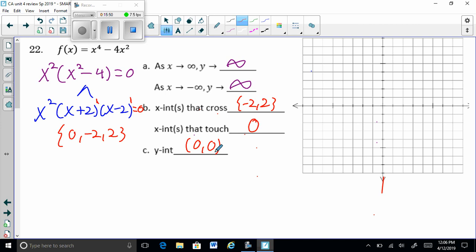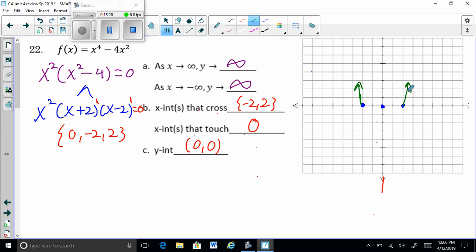Okay, so once again, we'll just kind of go ahead and plot our stuff and get started. So let's see, -2, 0, +2. We're going to go up in both directions. So if you want to go ahead and start to kind of draw that, that's fine. So what's going to happen is I'm going to dip down, then touch at 0, and then dip back down, and then go up through my x-intercept at 2.